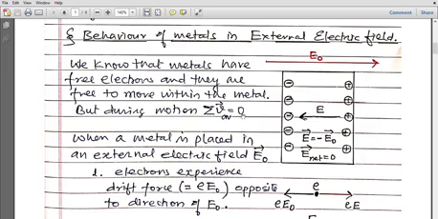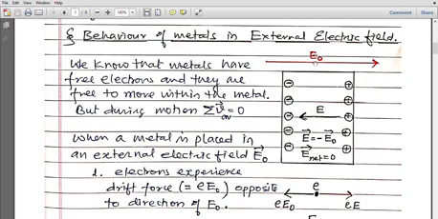But as soon as I apply this external electric field, what will happen? We have already studied that charges placed in an electric field experience an electrostatic force of attraction or repulsion. A positive charge experiences force along the electric field and a negative charge experiences force opposite to the electric field.